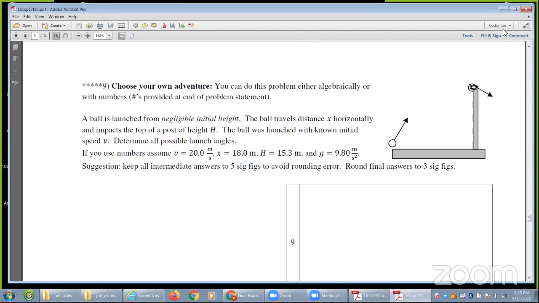Let me look for another one here. It's probably been a while since we did one of these. Let me find one. I'm gonna find one more for you. All right. Give me just a second. I gotta go somewhere for it.